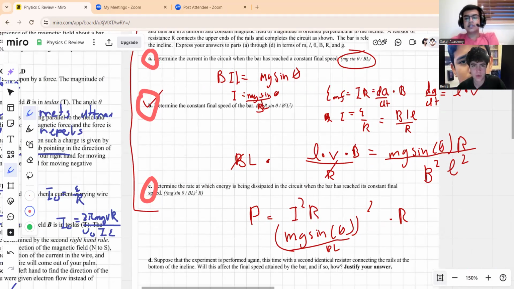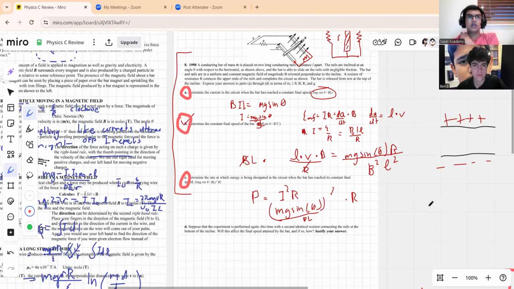So each of these three parts is a really common free response question on just every test you'll take. Every test.